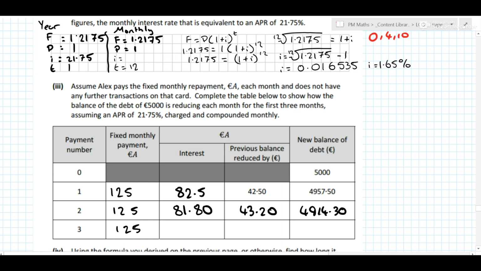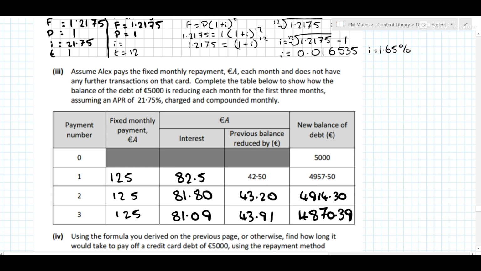Again, we need to find the interest being charged on this sum, which is 81.09. That's how much he pays back after the interest, and then subtracting 43.91 from 4914.30 gives the new balance at the end of the third month.